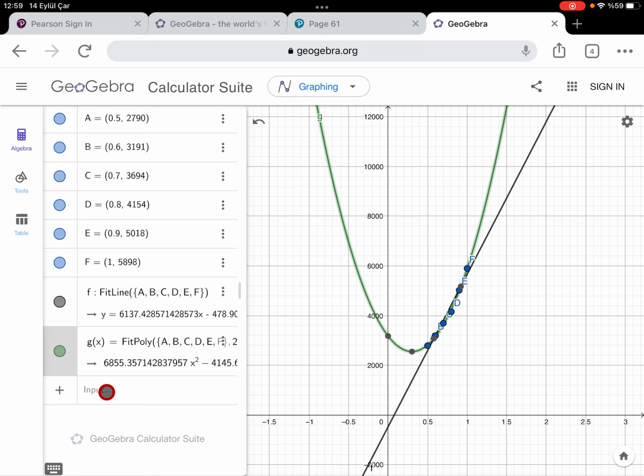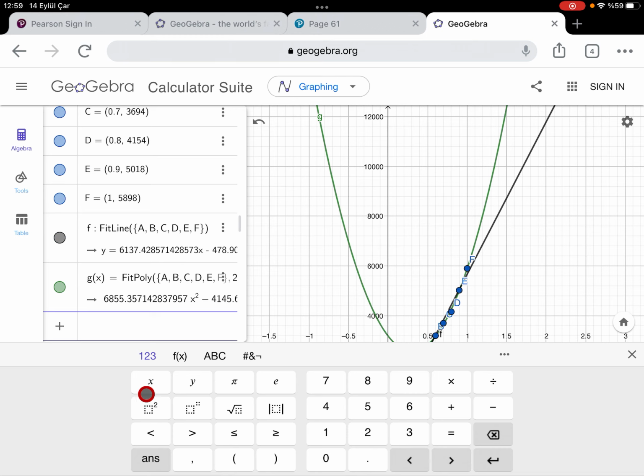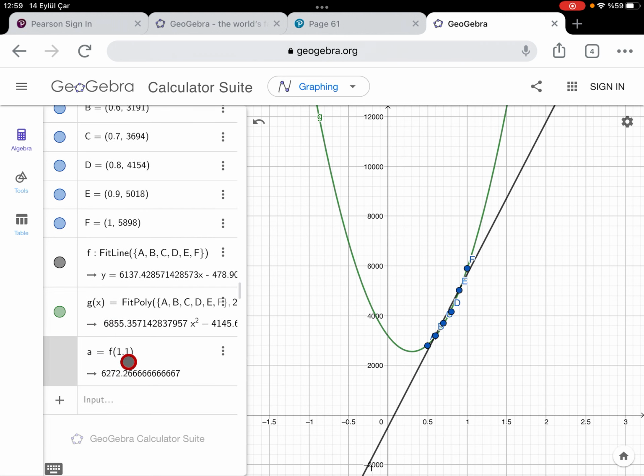How can we use these two functions? For example, let's predict the price when the carat of the diamond, the weight of the diamond, is 1.1. So f of 1.1, the prediction of the linear regression, is 6272. So if you use the linear model, you can predict the price of the diamond with 1.1 carat is $6,272.